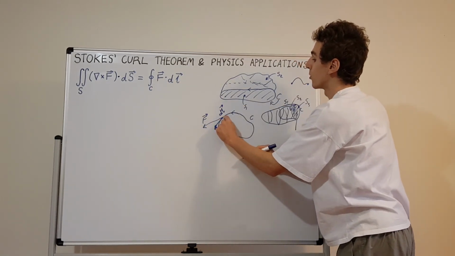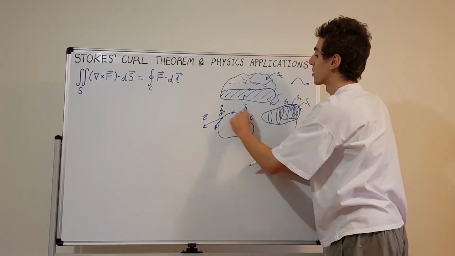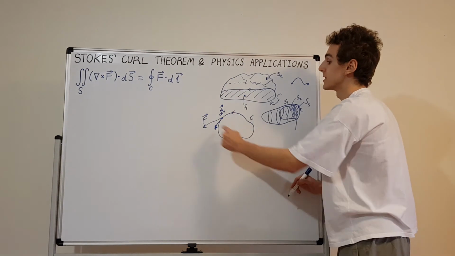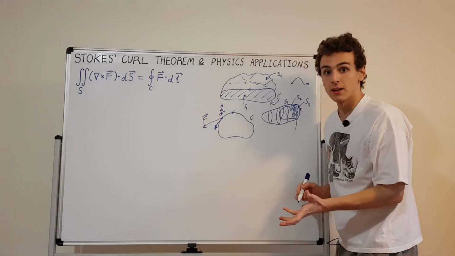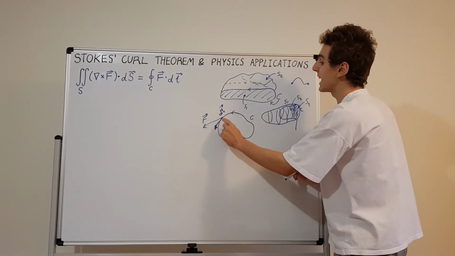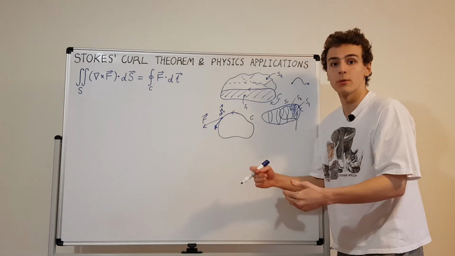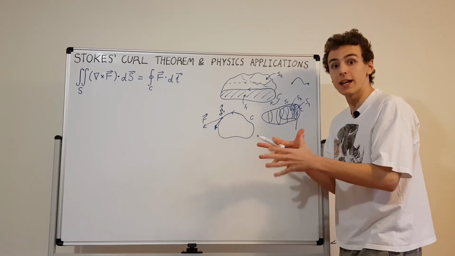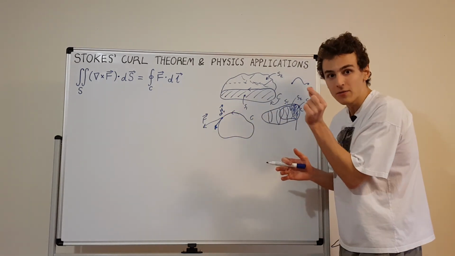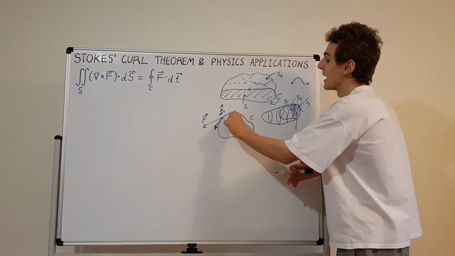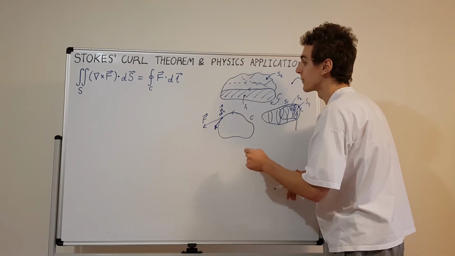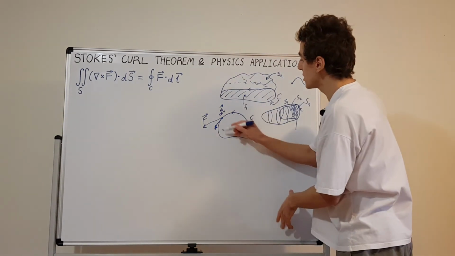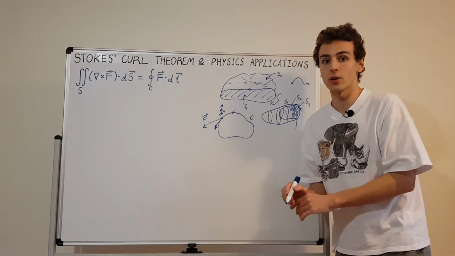And then we would do that for the entire curve, and that would give us a line integral, right? We would have to parameterize this curve in order to actually compute the line integral. But if we were to take the dot product at every single point and then add it all up, take the sum, and take the limit as dl goes to an infinitesimal chunk, then that would give us the line integral around there. That's going to give us the circulation of this vector field around that curve.